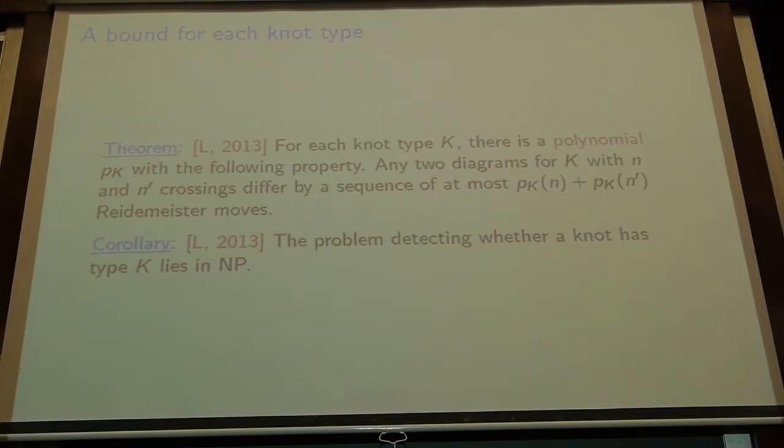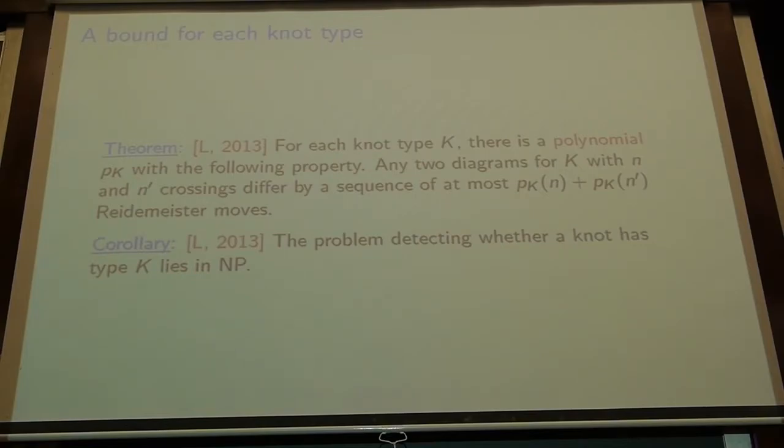NP means that there's a polynomial time certificate which certifies that the answer is yes, if the answer is yes. And that certificate is just the sequence of Reidemeister moves which takes the arbitrary unknown diagram to some fixed diagram.